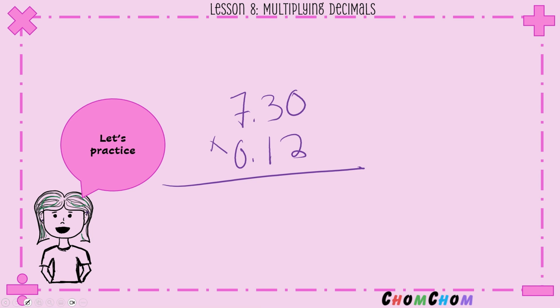So then we do our first term, which is going to be 2 hundredths times 3 tenths. And then we do 2 hundredths times 7. Then we do 1 tenth times 3 tenths.